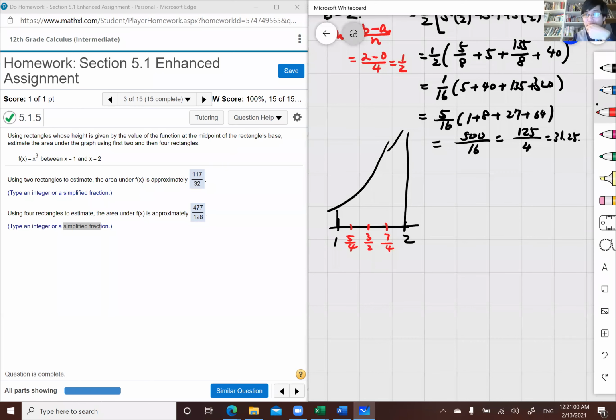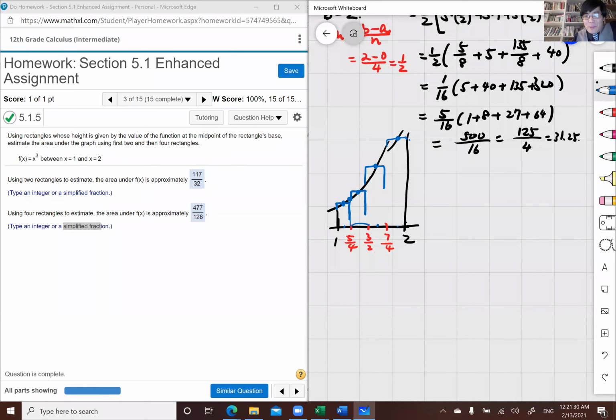Like this. But for each rectangle, you are not going to take the left endpoint or right endpoint, but you want to take the midpoint to get the height. Here you want to take a midpoint to get the height of the rectangle, and here, and here, a midpoint.